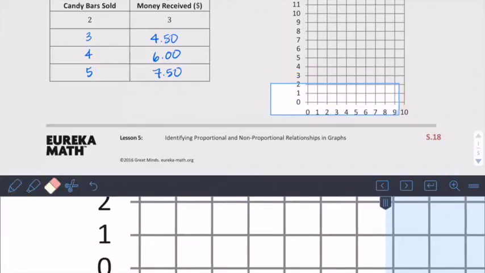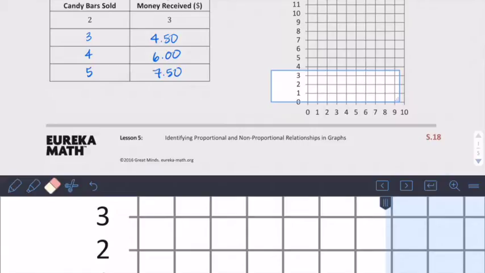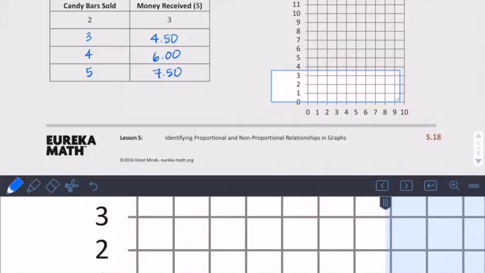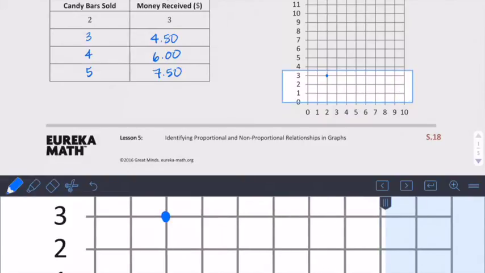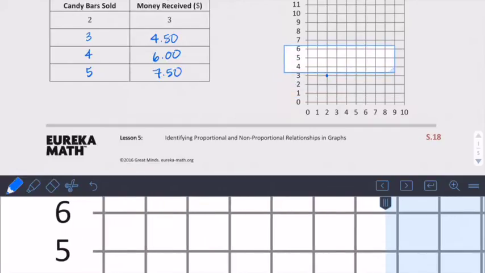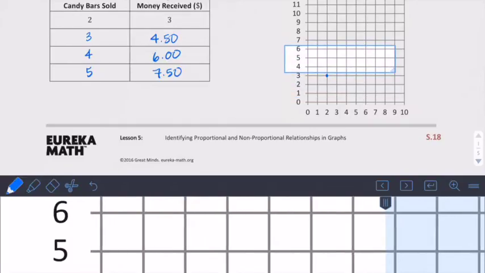I know that my third line over is 2, and then I'm going to put it at the 3, so 1, 2, 3. Okay, my next point is 3 and 4.5. So I'm going to move this up. 4.5 exists between 4 and 5, so halfway between. And 1, 2, 3.